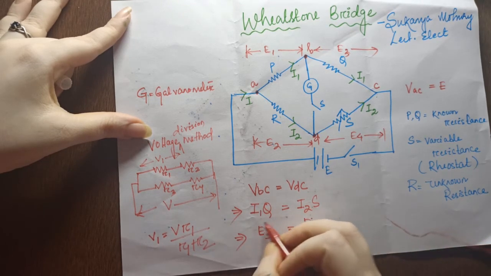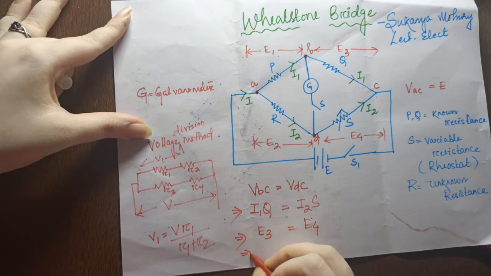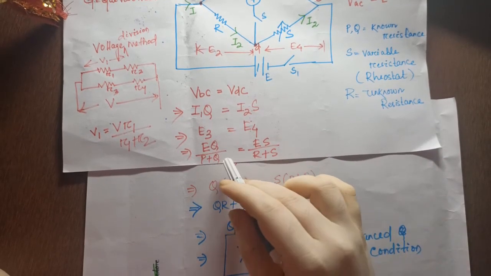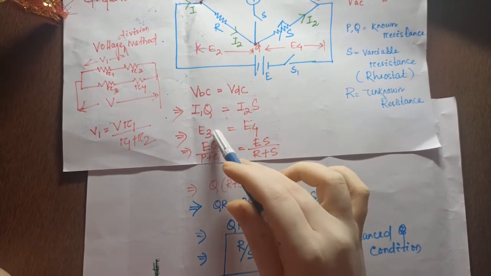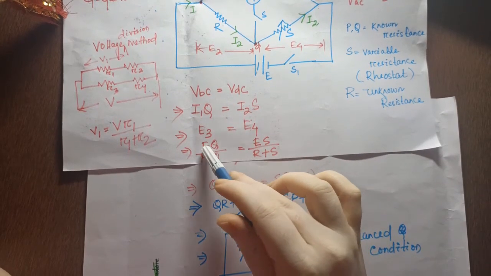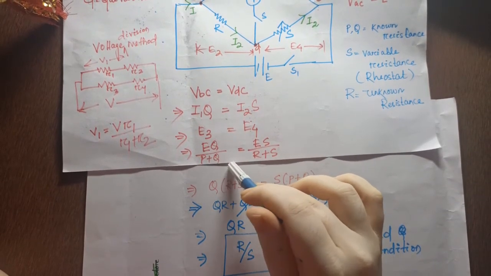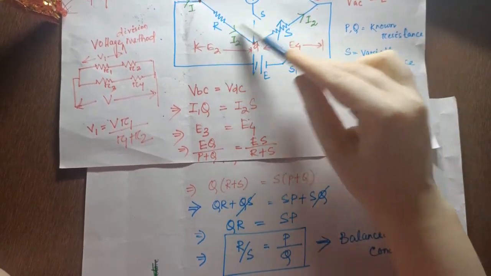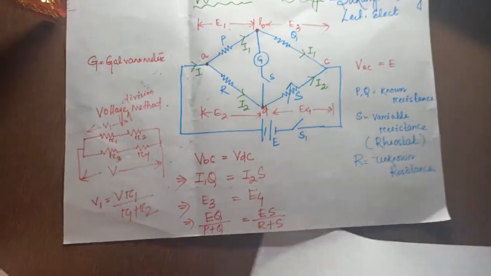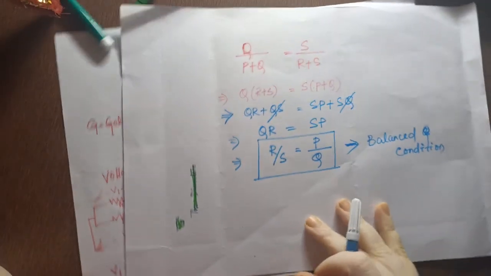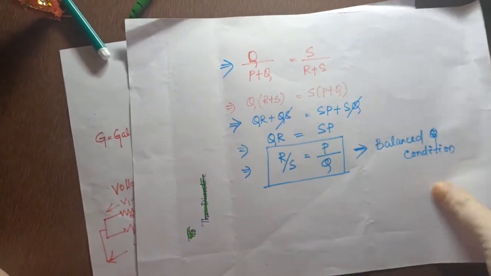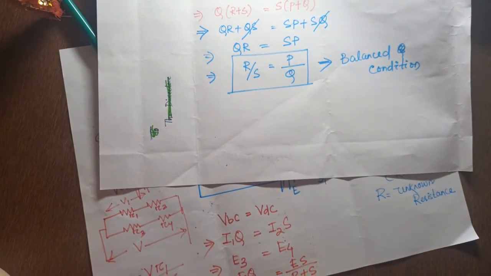So E3 similarly can be written as, tell me, by using that voltage division method, we could write E3 is equal to E into Q by P plus Q, and E4 is equal to E into S divided by R plus S. Then we come back to the solving part, that is E was cancelled out.